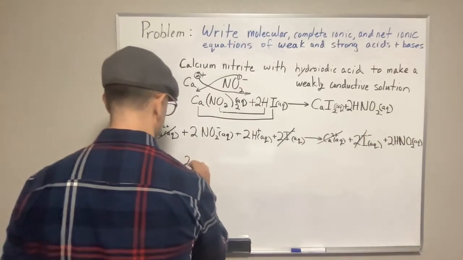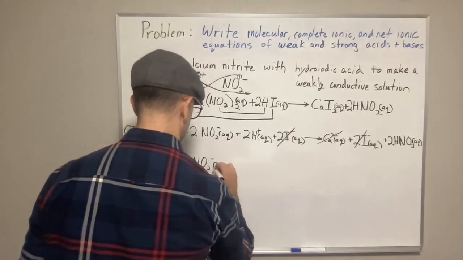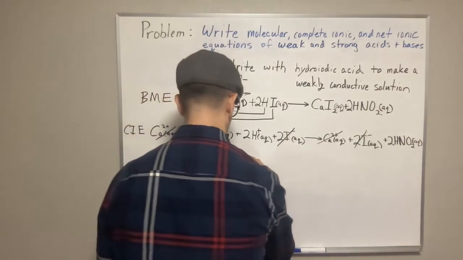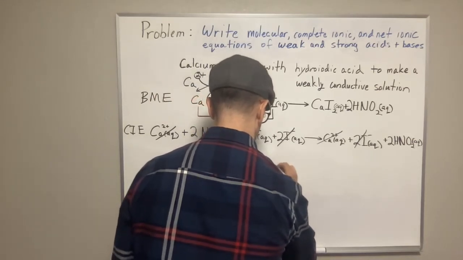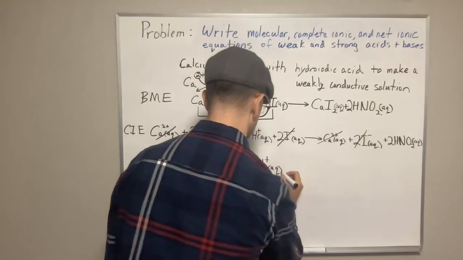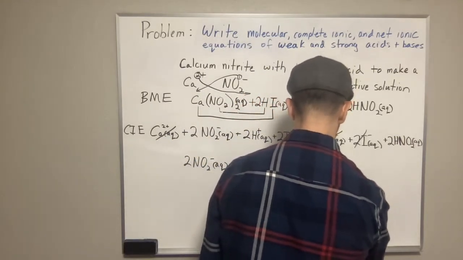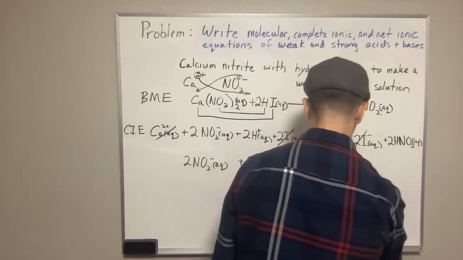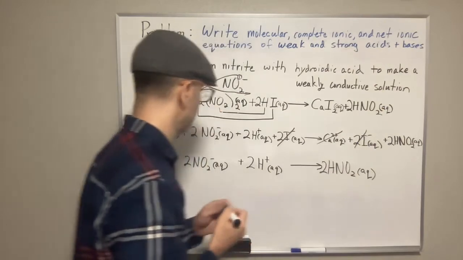So here I have two NO2 minus aqueous plus 2H plus aqueous, and that's going to form 2HNO2 aqueous.